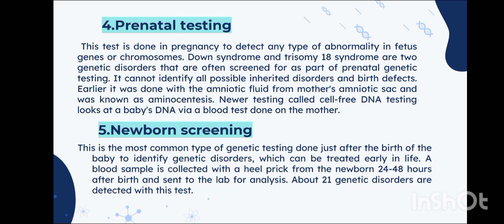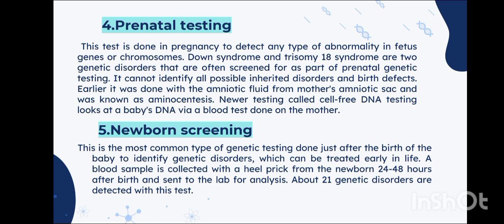Down syndrome and trisomy 18 syndrome are two genetic disorders that are often screened for as part of prenatal genetic testing. It cannot identify all possible inherited disorders and birth defects, but it identifies some of them.